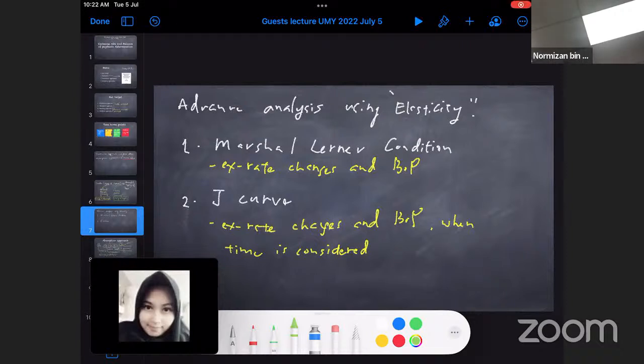But sometimes in a country, it needs time for the balance of payment to change, and sometimes when the exchange rate depreciates, it will worsen the current account, then improve the current account. So that's the time when the balance of payment goes down, like this one. Okay, so if we see the balance of payment, there is the current account going down and then it goes up. So this part looks like the alphabet J, so that's why we call it a J curve.